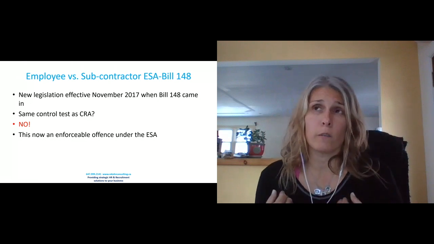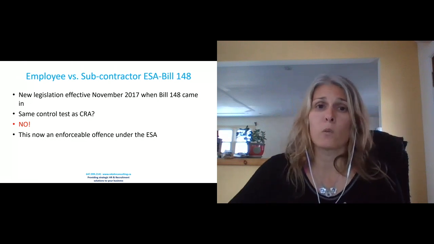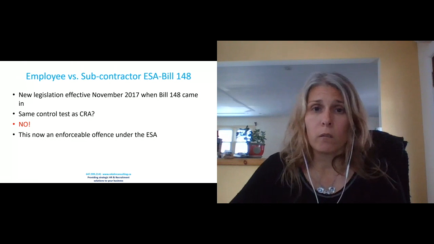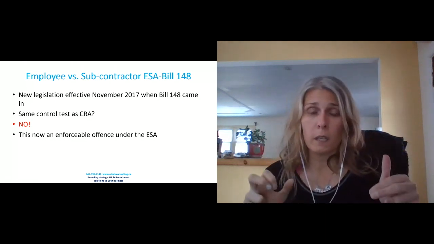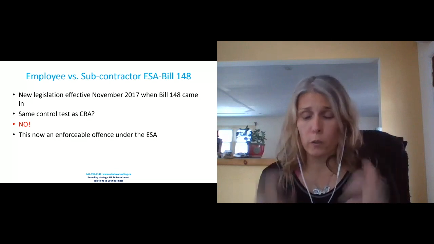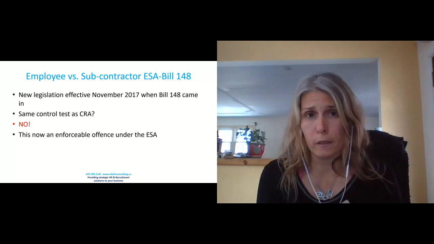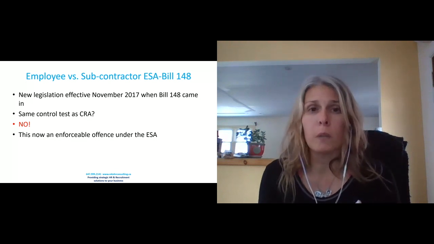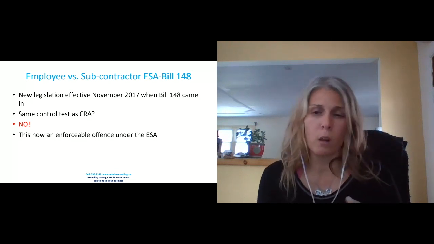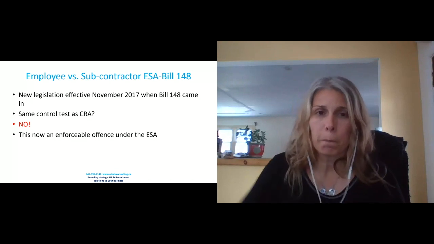I've been employed by some companies where it looks like an employee, walks like an employee, but they still say that they're a contractor. They have their own desk at the company's headquarters, their own company email, a company phone, all of that sort of stuff. So you have to keep that in mind when you're hiring subcontractors.